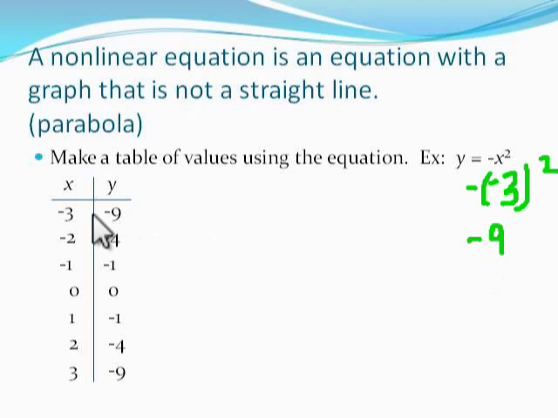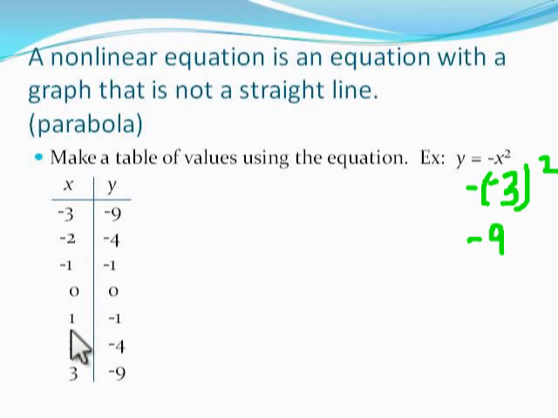So that's how when you put in -3, you get a -9 as your result. When you put in a -2, -2 squared would be 4. Opposite of that would be -4. When you put in a -1, -1 squared is 1. Opposite of that is -1. When you put in a 0, you still get 0, because the opposite of 0 is still 0.